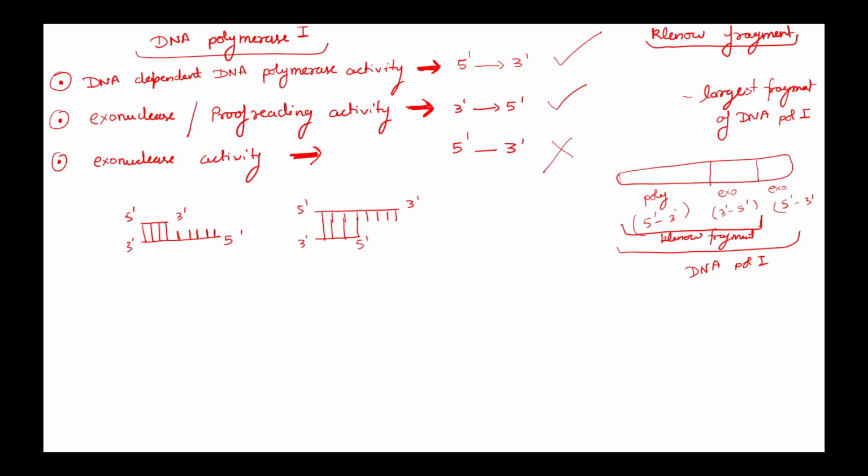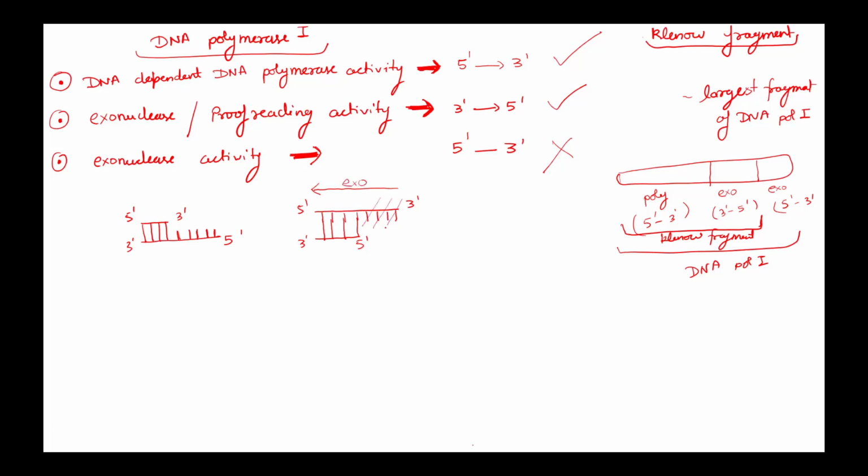So if we see these two figures, first if we talk about the exonuclease activity, which is possessed in the 3 prime to 5 prime direction, in this direction it can perform its exonuclease activity.